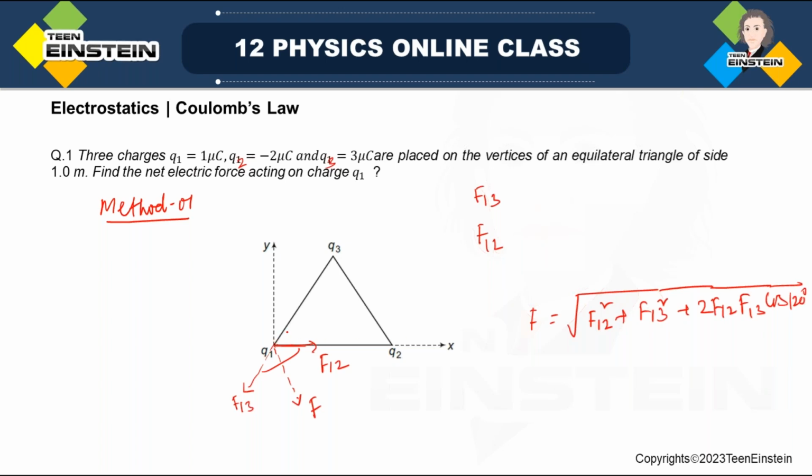Because this is an equilateral triangle, this is 60, and so it is 180 minus 60, which is 120 degrees.